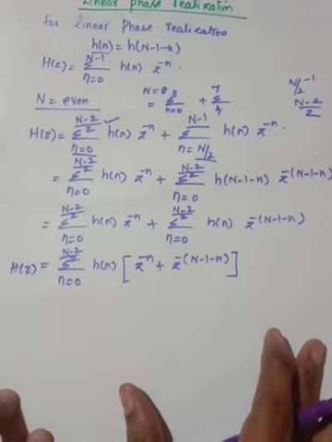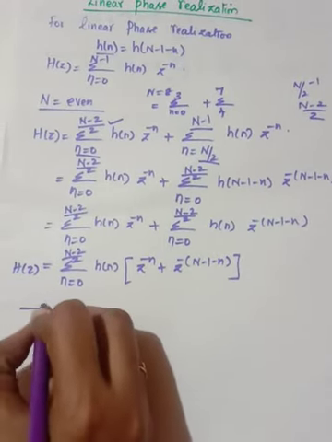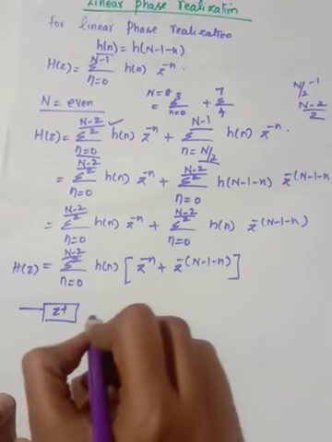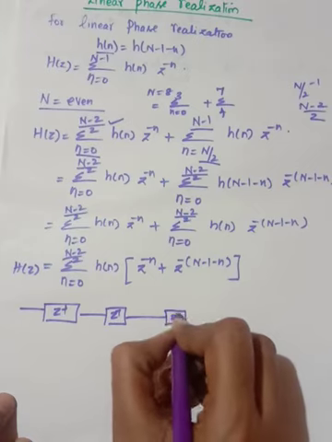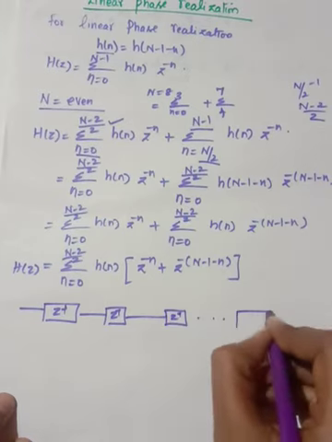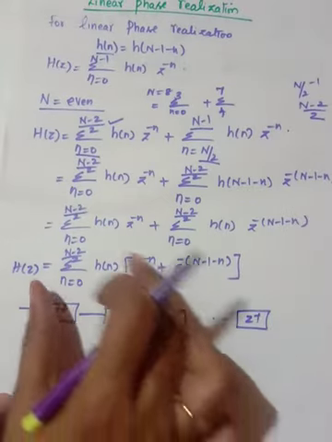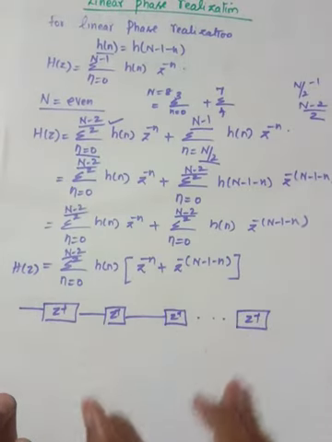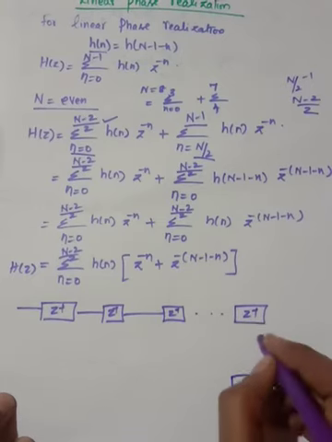Now I need to realize this. Since it is even, how will you perform the direct form realization? First you will draw the number of delays. Similarly here you need to draw the number of delays required. I don't know the value of N, so I am drawing the delays. Since it is even, you will have an equal half here, so z inverse.